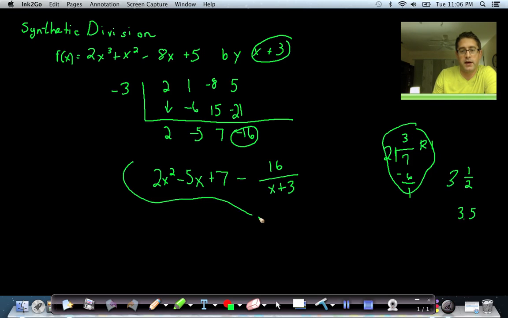And that is my answer using synthetic division. Okay, hope that helps. Take a look at it, try it yourself. Notice that I'm no longer in the x cubed because I divided one place over, so be careful of that.